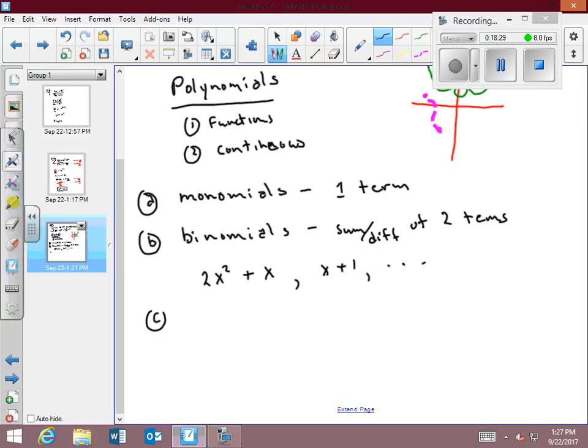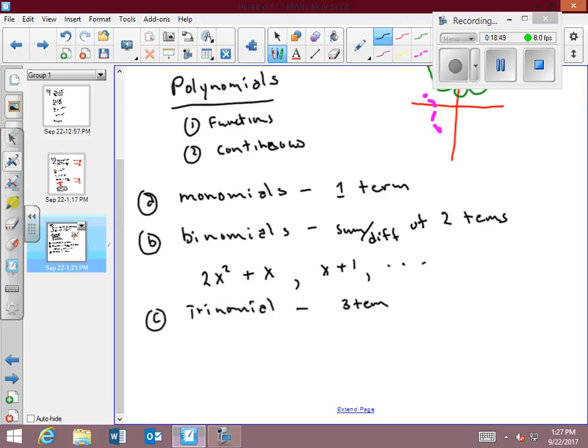C is a trinomial. So what is that? 3 terms added. Now, binomials and trinomials are pretty much what we're going to deal with.